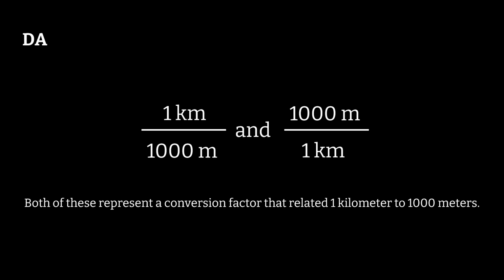We have 1 kilometer over 1,000 meters, or we could do it as 1,000 meters over 1 kilometer. Both of these represent the conversion factor that relates 1 kilometer to 1,000 meters, and we're able to use either of these depending on which way we want to go.